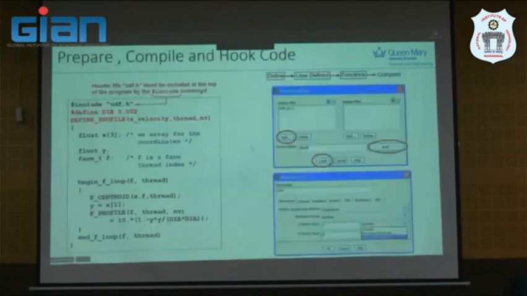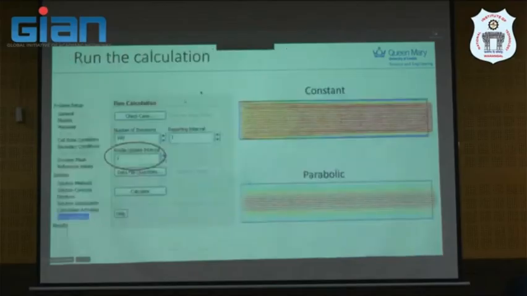And first of all, we should prepare the code, and then we should compile the code and focus the code. And after that, we can run the calculation and get the result.